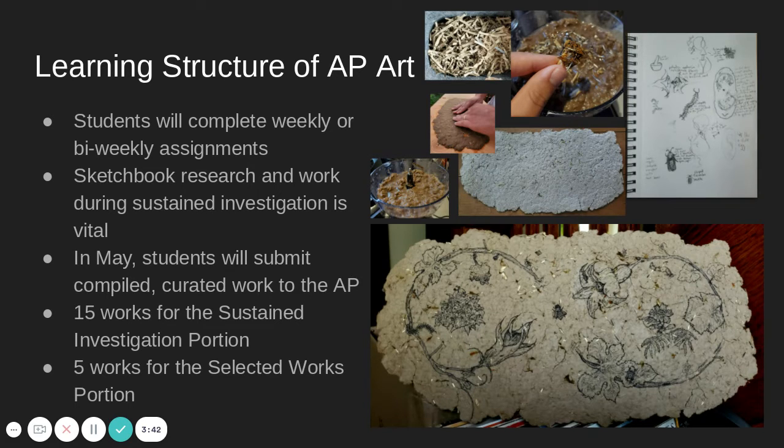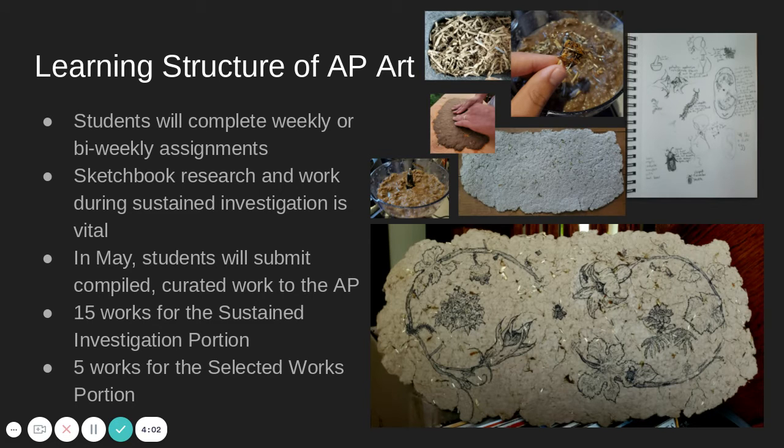So in May, students will submit curated work for the AP to the AP committee. They will be sending off both digital and physical copies of their work if it does exist physically.